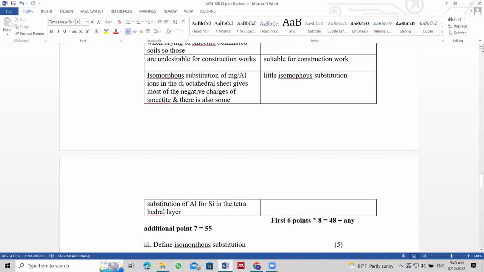Where replacing cation? For the main cation. Any other person? Replacing one element in the aluminium octahedral sheet.